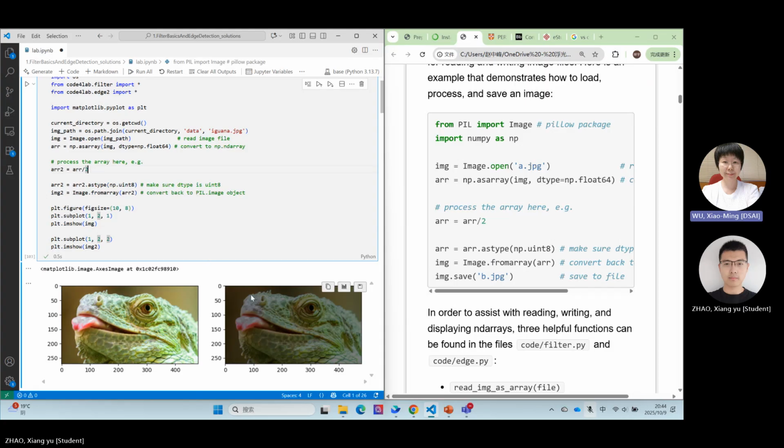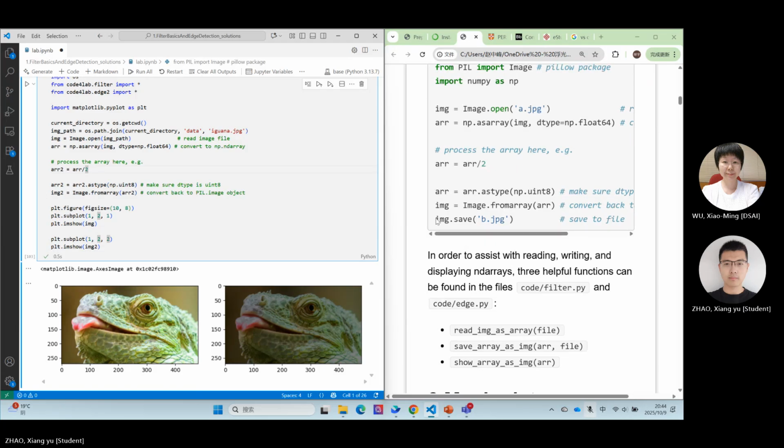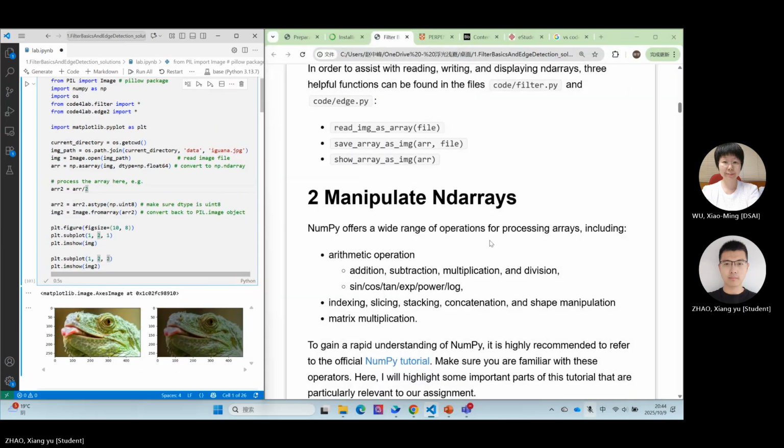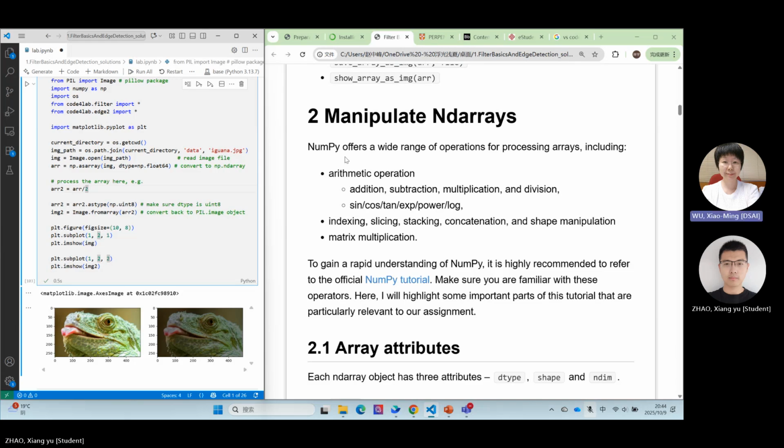So the image will be darker than the original image. Then we can see some manipulations of the arrays. NumPy offers a wide range of operations for processing arrays, including arithmetic operations, indexing, slicing, and so on.